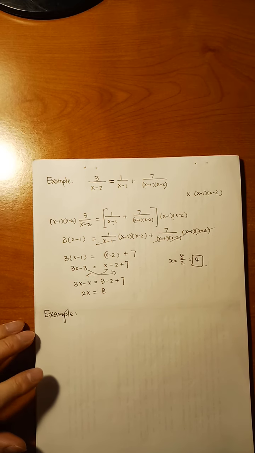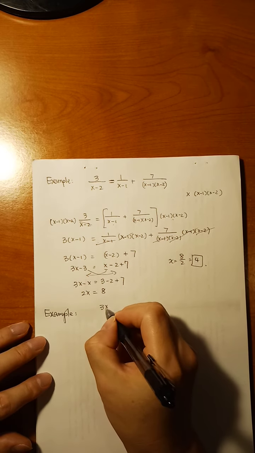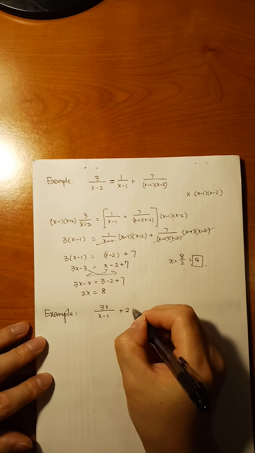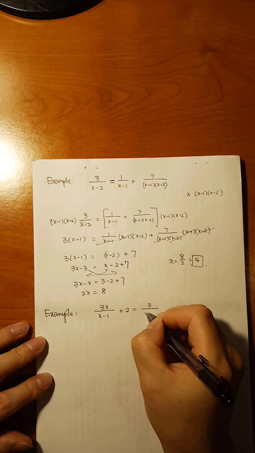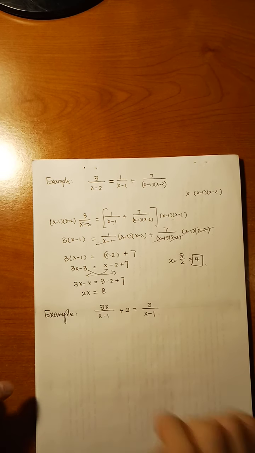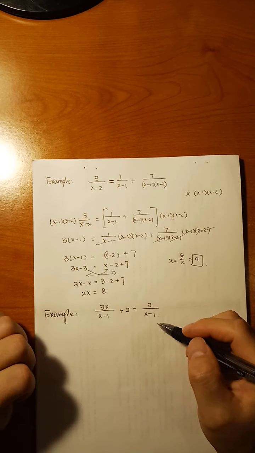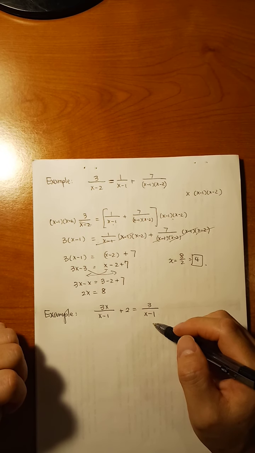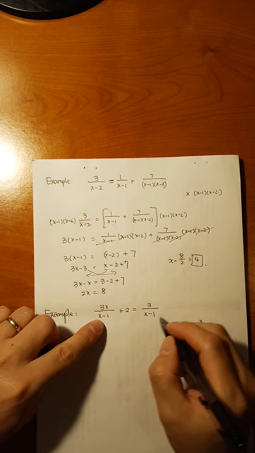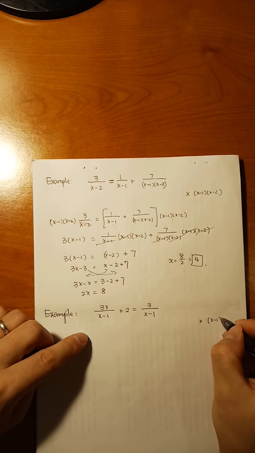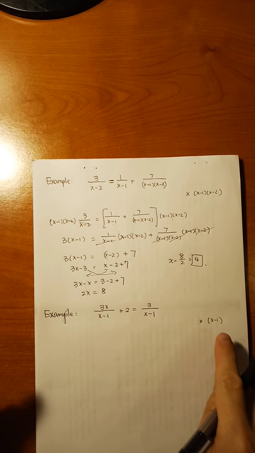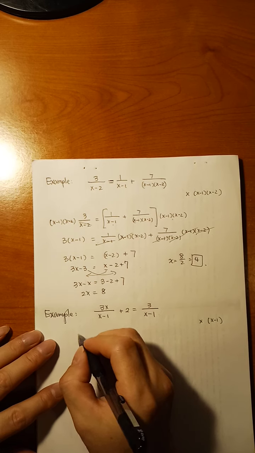Okay, one more example. This one also has a denominator as a function of x. They have the same denominator, so we multiply two sides by x minus 1. All the terms will be multiplied by x minus 1.